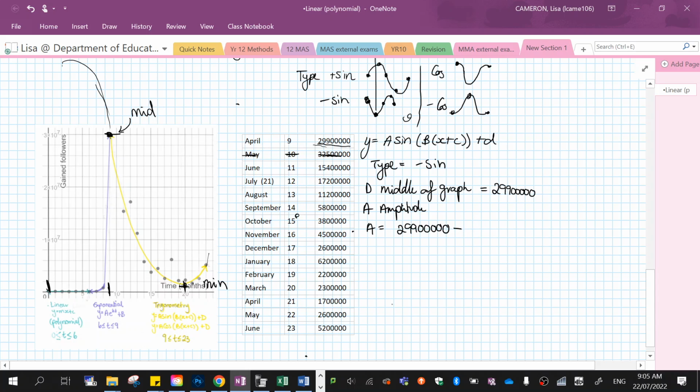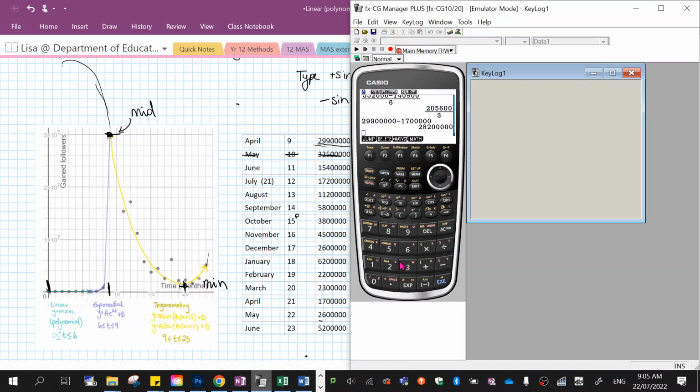That's going to be down here. I'm going to take my lowest point as this one, 2.612345. Now, when I subtract those two numbers, I'm going to work out that the amplitude of this thing is, I'll just get my calculator up.